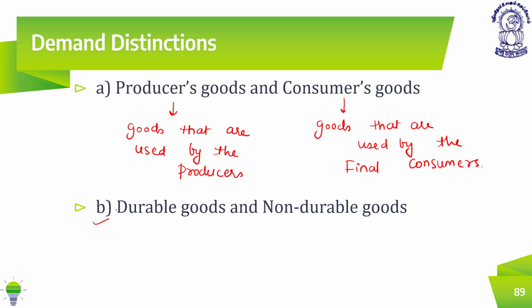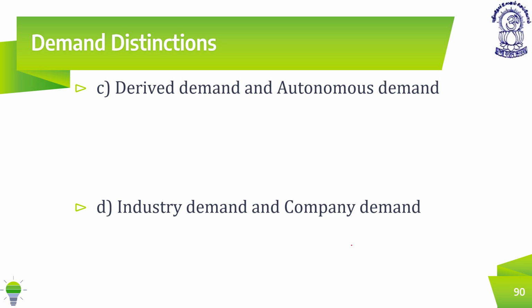The next is durable goods and non-durable goods. Durable goods could be TV, refrigerator, vehicle. Non-durable goods could be vegetable, milk, etc. The next one is derived demand and autonomous demand.